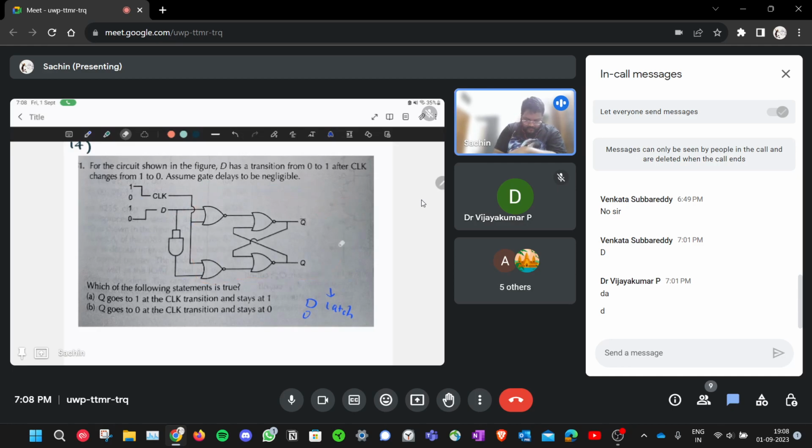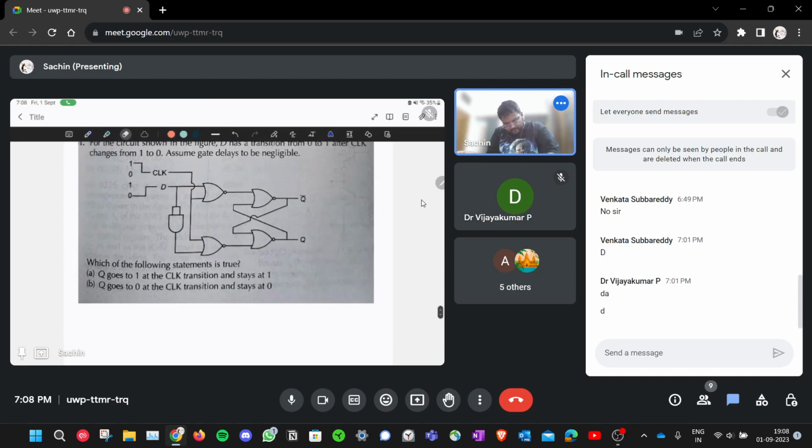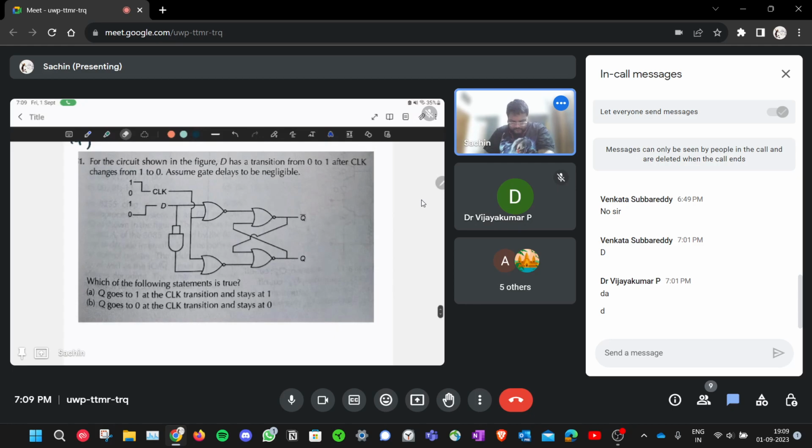Well, that's the logic. Give me a minute, I'll think about it. Maybe it's not an AND gate. Maybe both are. Maybe it's just a buffer.